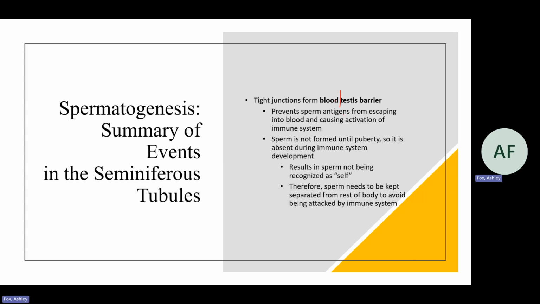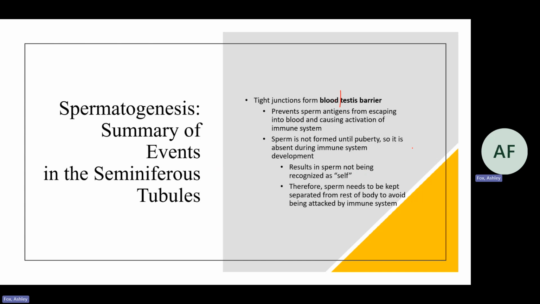Sperm can actually cause activation of the immune system if it's interacted with the blood where the immune cells are. Because sperm isn't formed until puberty, your immune system is all developed, and it hasn't recognized sperm as a self cell. It's seen as a foreign cell.